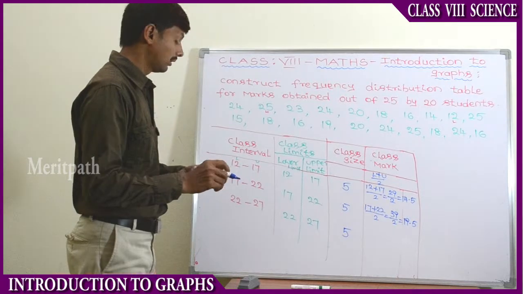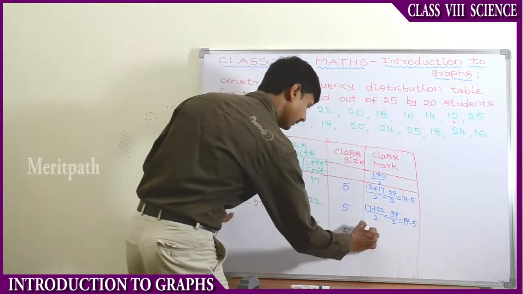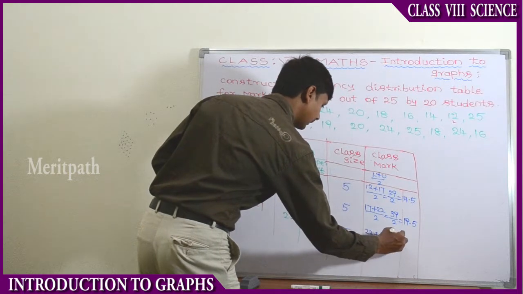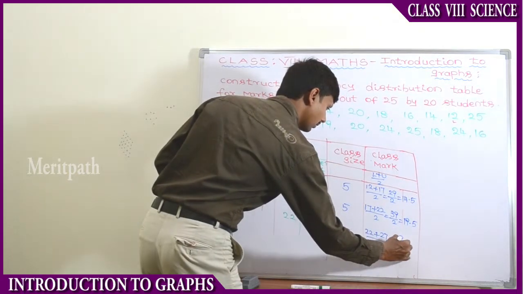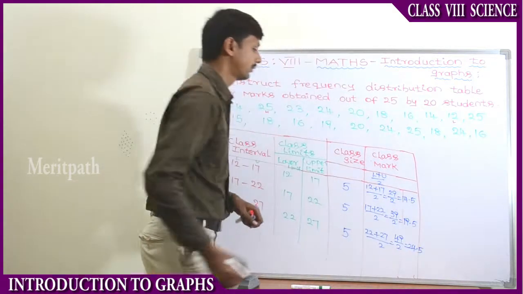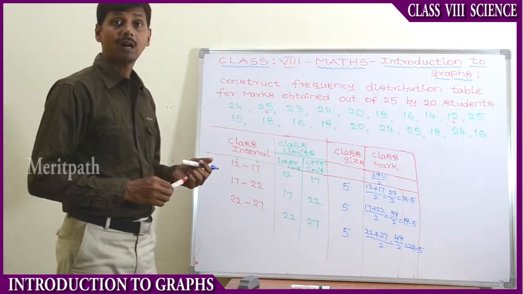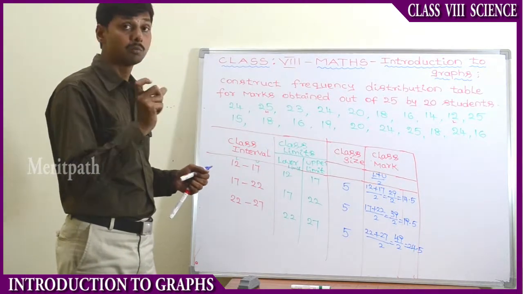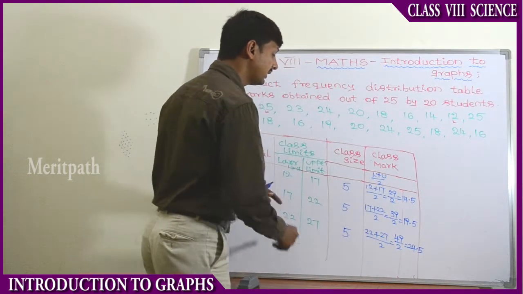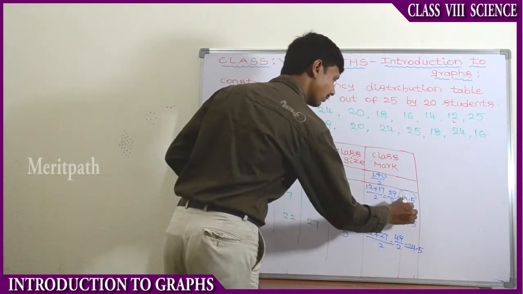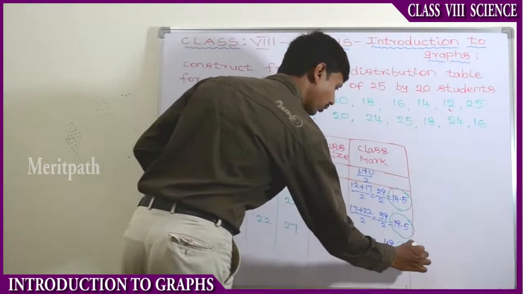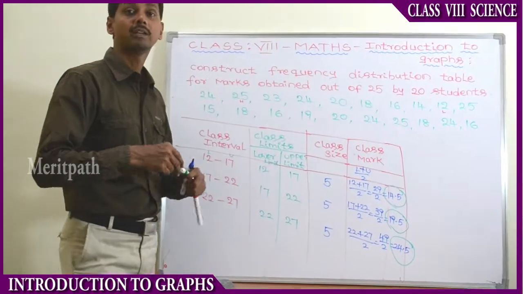And the next class is 22 to 27. So 22 plus 27 divided by 2 is 49 by 2, so 24.5. So class marks are nothing but the average of the lower boundary and upper boundary. And we got 14.5, 19.5, and 24.5 as the class marks.